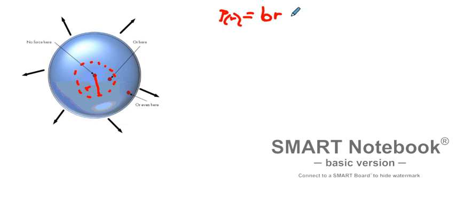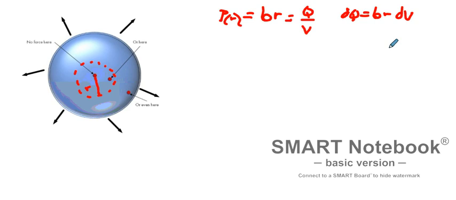Now this, of course, is equal to Q divided by V. So therefore, I'm going to need an expression for dq this time. So dq is equal to br times dv.